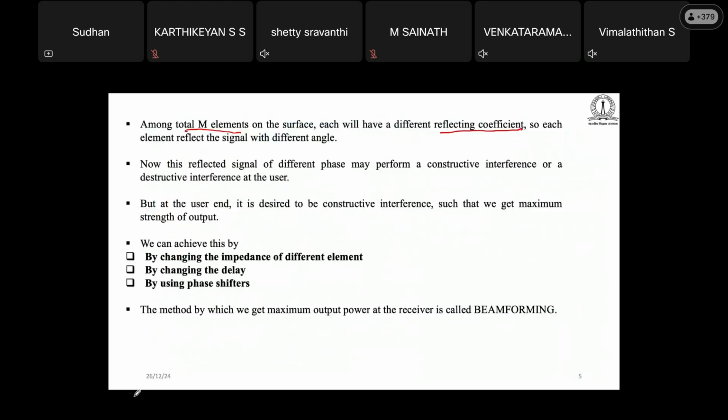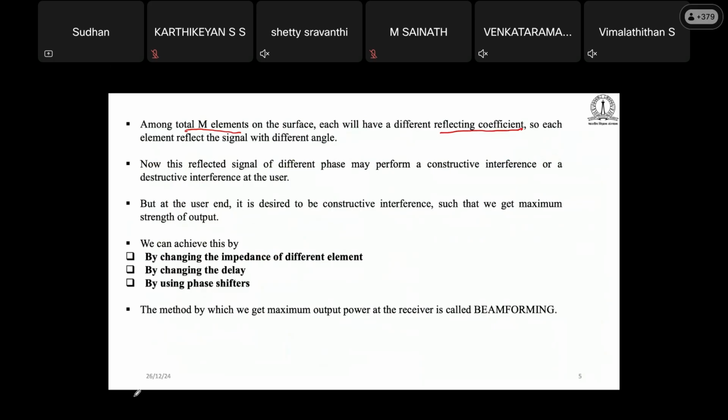It's not that all elements will have the same phase and the same amplitude. They may have different amplitude and different phase, and that way they can direct the overall signal to a particular direction or focus it to a particular point.